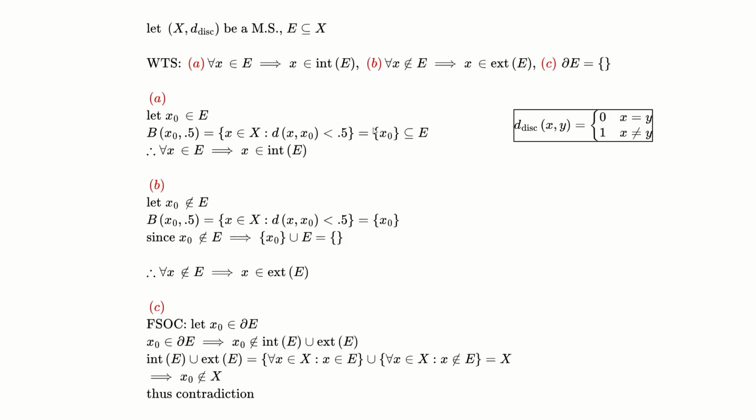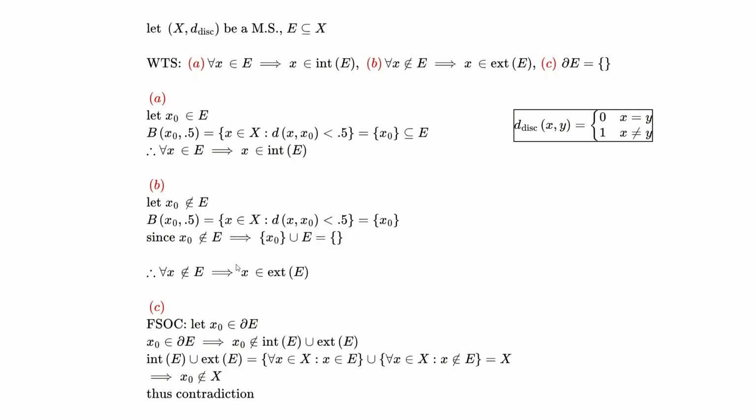And so we just get this set of x naught, which, since x naught is in E, is a subset of E. And thus all elements of x that are in E are in the interior of E.